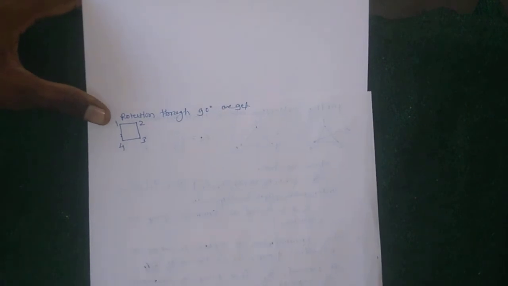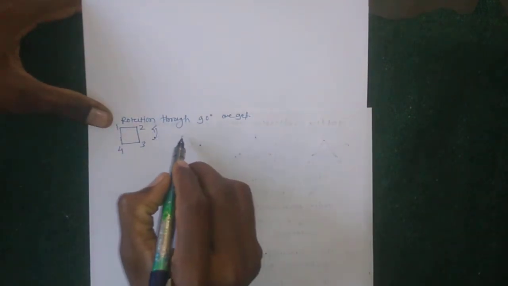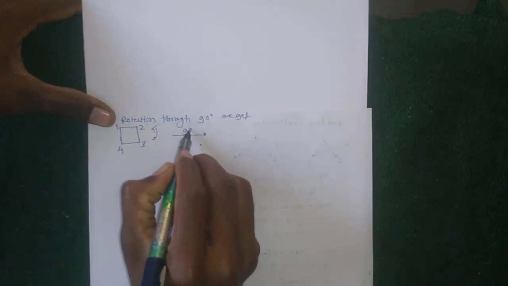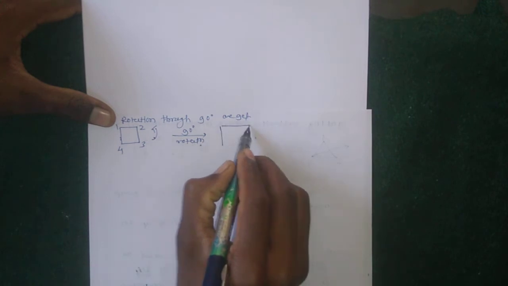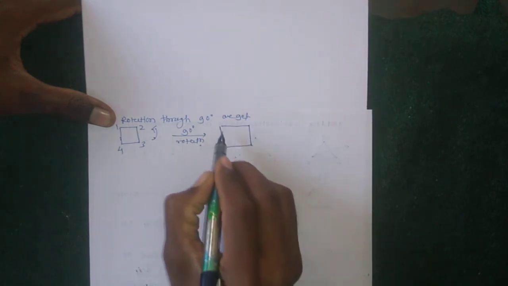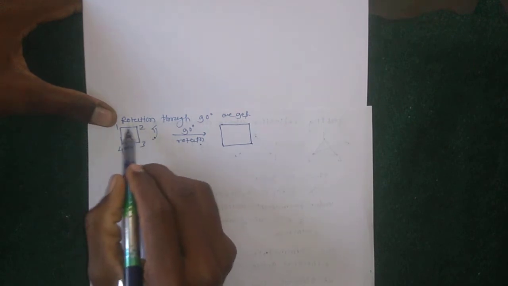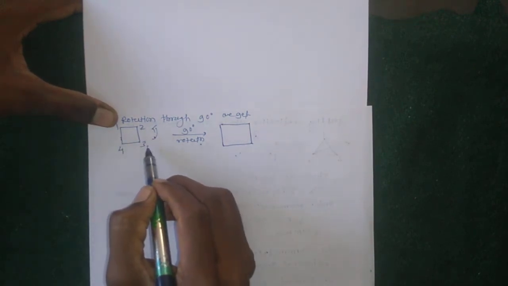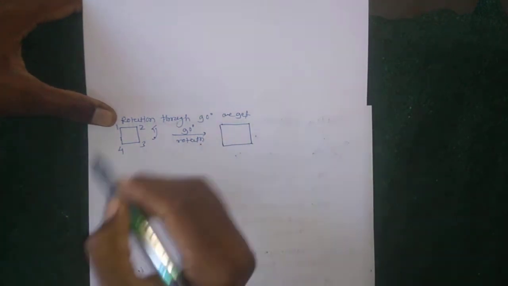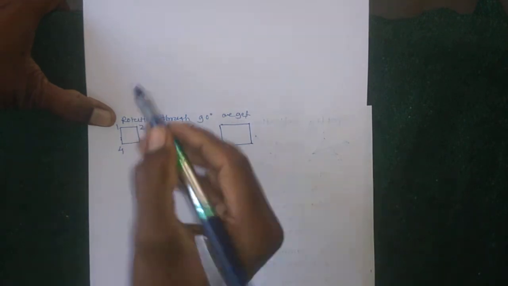Rotation through 90 degrees anti-clockwise: 1 has its position at 4, 2 has position at 1, 3 has position at 2 and 4 has position at 3. Only the positions change at 90 degrees.